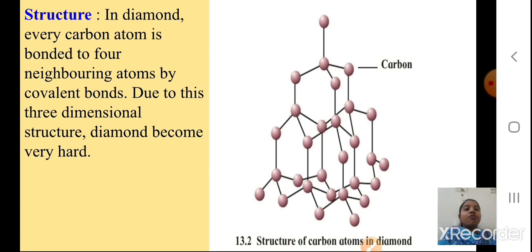So which type of bonds are formed here? Covalent bonds. Every single carbon atom forms bonds with 4 neighboring carbon atoms. Due to this 3-dimensional structure, diamond becomes very hard. How is the structure, students? 3-dimensional.